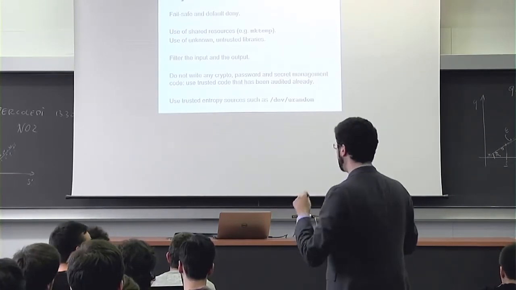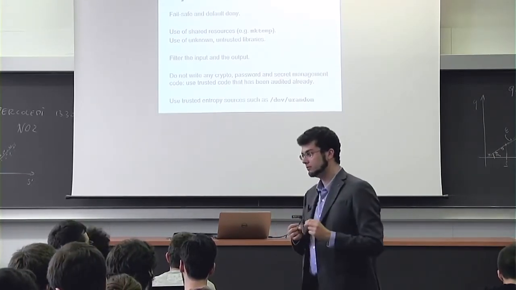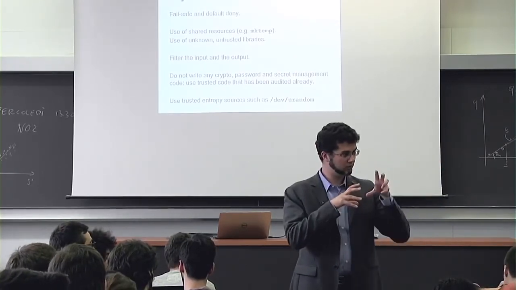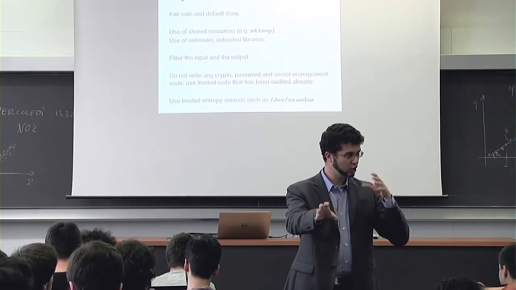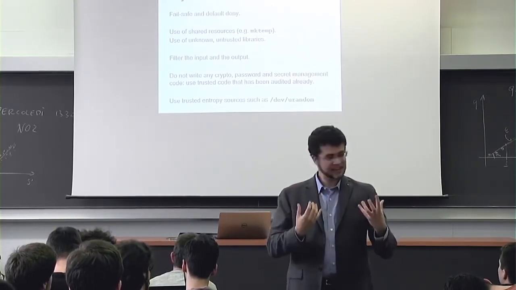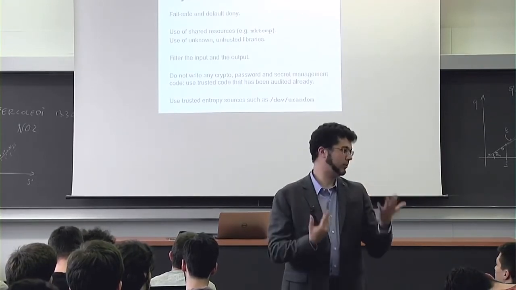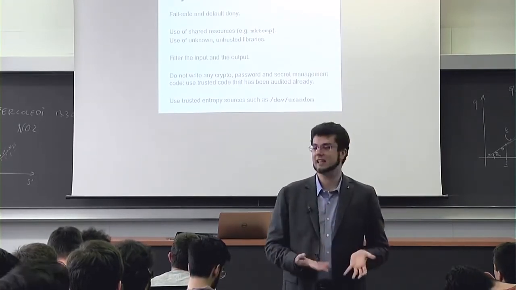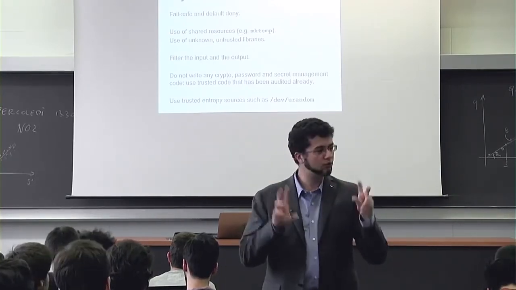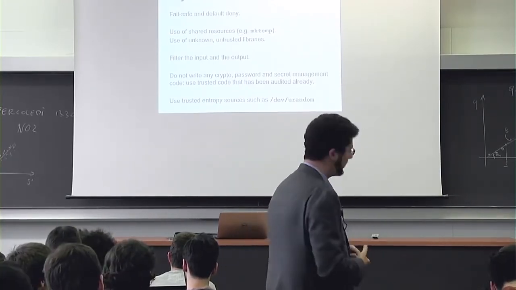You need to filter the input and the output of programs. A program does not work in isolation. It gets input and it prints output. Those interfaces are the ones where an aggressor will work on your program. So everything that is taken in input and everything that is printed in output is the thing that you should focus your attention on.